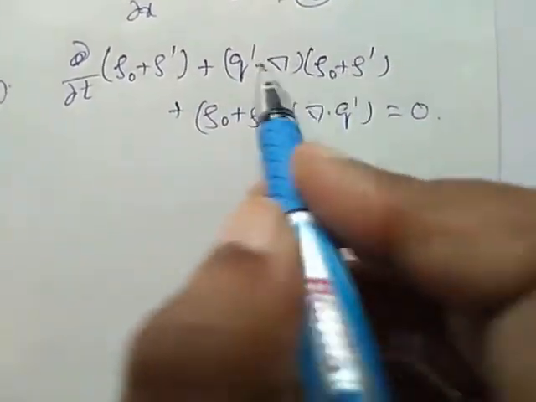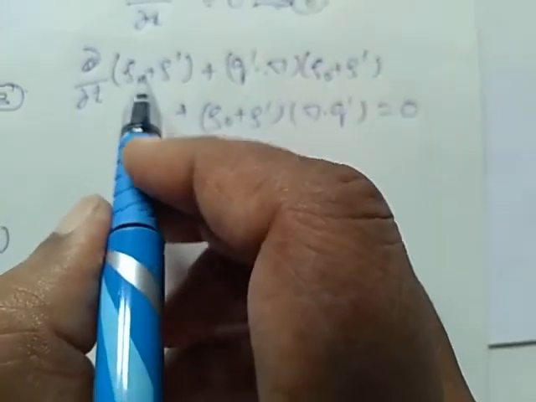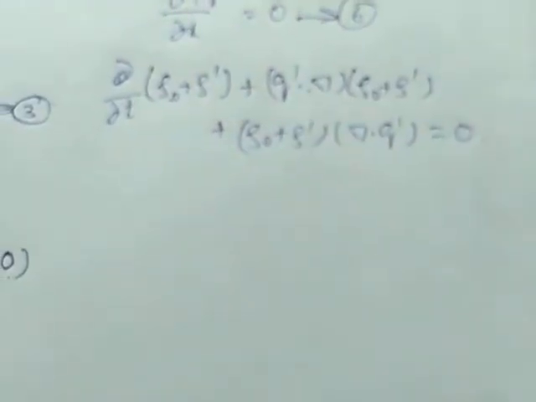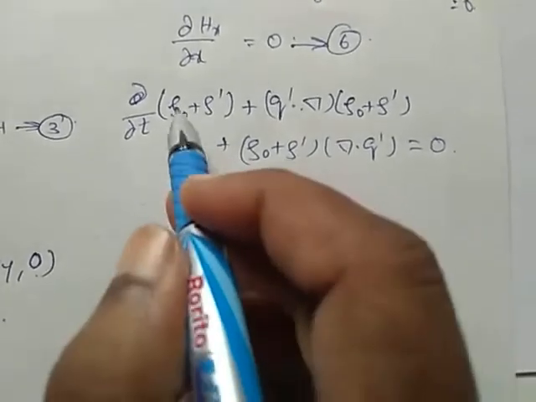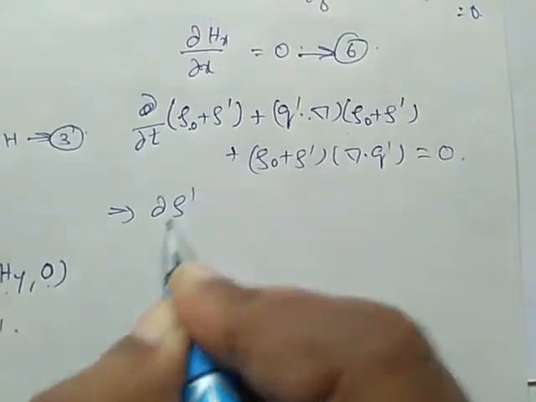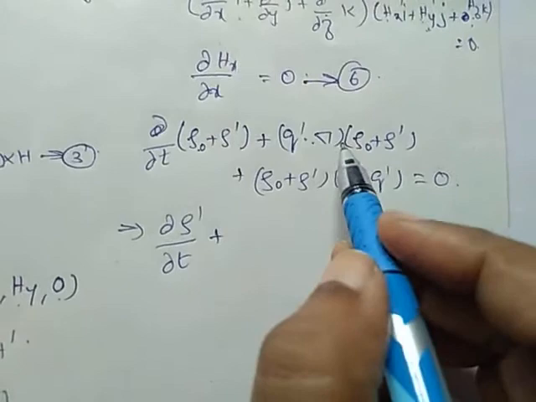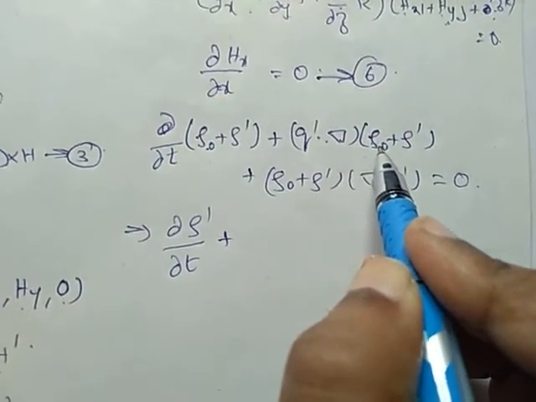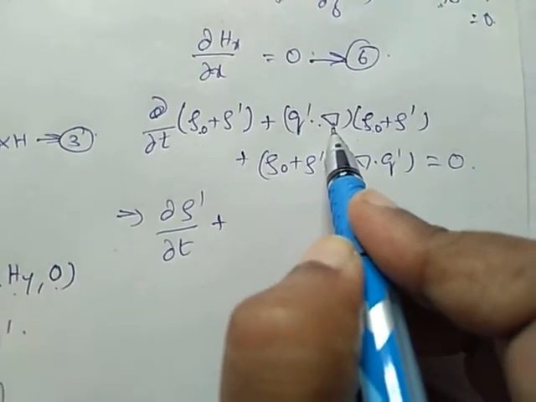So we are going to split it. See, rho naught is constant. We have assumed rho naught is constant. Therefore differentiation of rho naught with respect to t is 0. We will get dou rho dash by dou t plus, when we split it, the differentiation of rho naught with respect to x, y or z is 0.